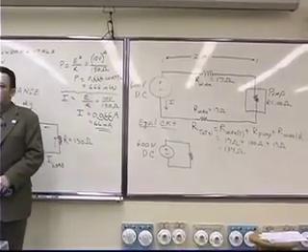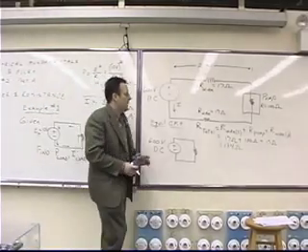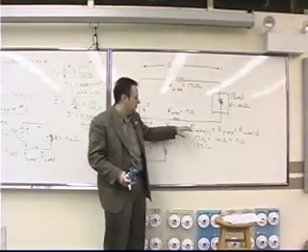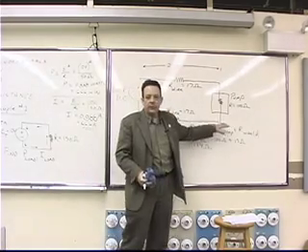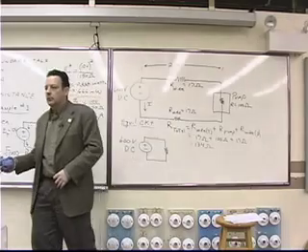The reason we can do this and get away with it is because when we add series resistors, we simply add them algebraically. You know, 10 plus 10 plus 10 is 30.